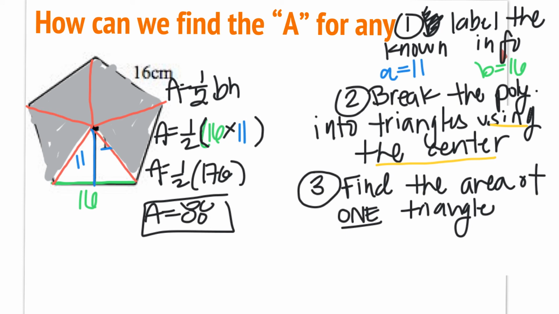Now, am I done? No. Be careful. That was just the area of this small non-highlighted triangle right there. Now, how can I find the area of the entire thing? Well, for a shape of 5 sides, I'm always going to have 5 triangles. 1, 2, 3, 4, 5.